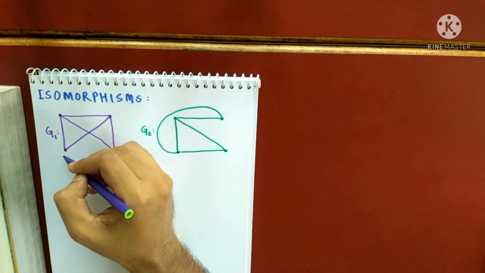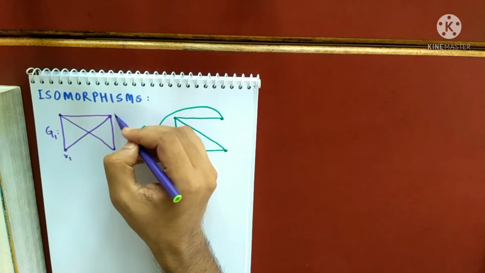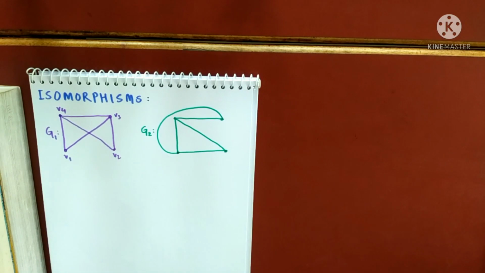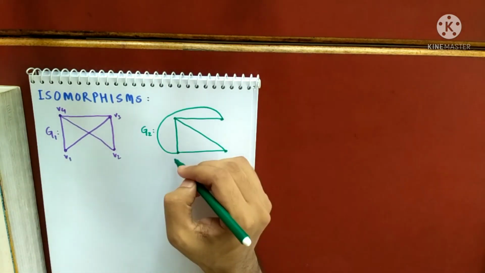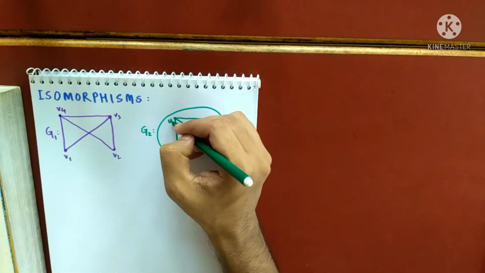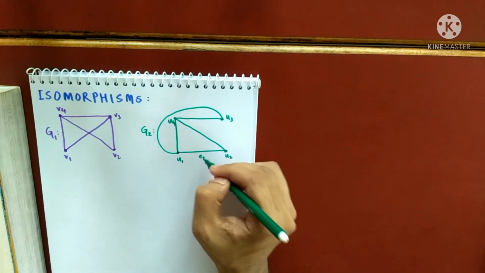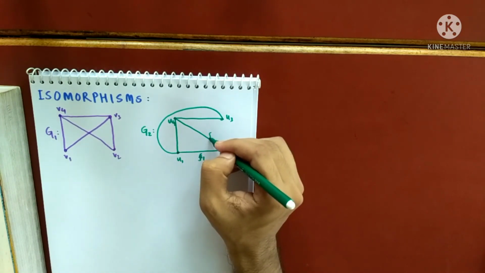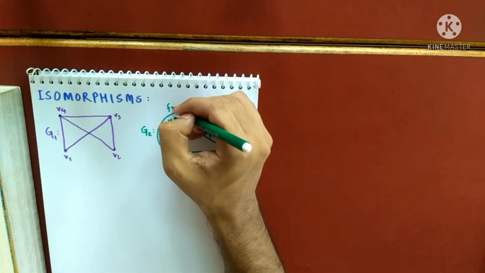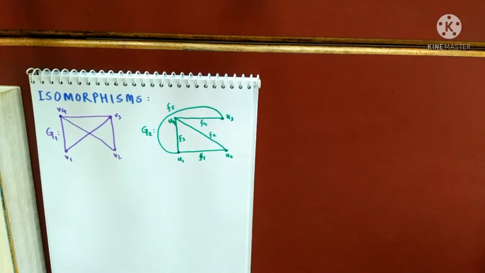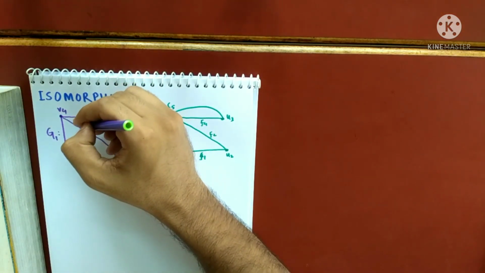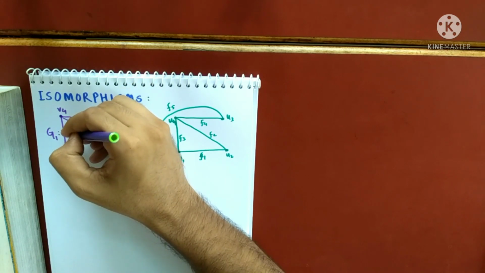For example, suppose this is v1, v2, v3, v4, and this is u1, u2, u3, u4. You can also name the edges: let me call the edges f1, f2, f3, f4, f5, and e1, e2, e3, e4, e5.